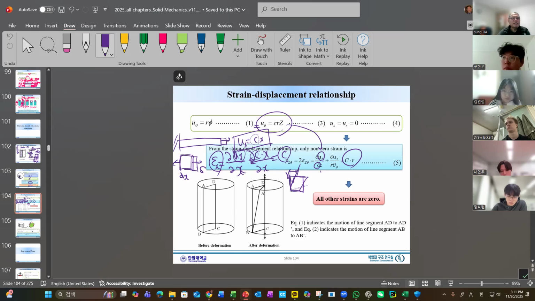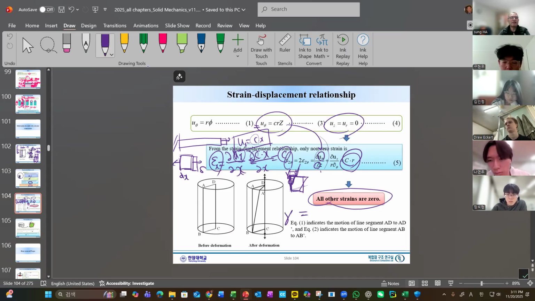So the derivative of u theta with respect to z, what is that? This is this distance divided by this. What is that? Angle, right? So that's the definition of gamma. And then from this observation, we got the C times R. And then all other strains are zero because of this. So please remember, to make a long story short, gamma is the only strain and proportional to the R.